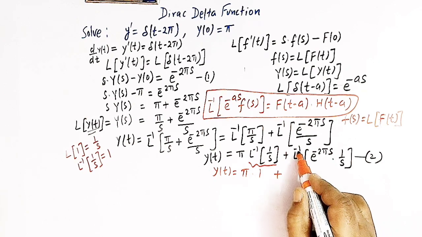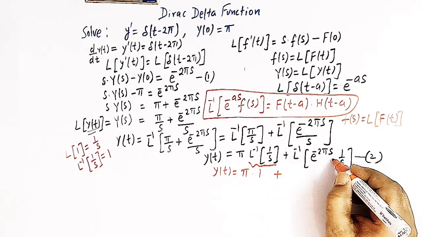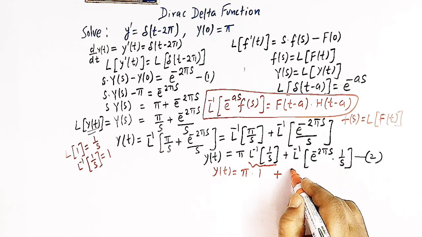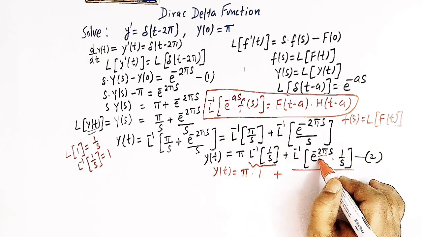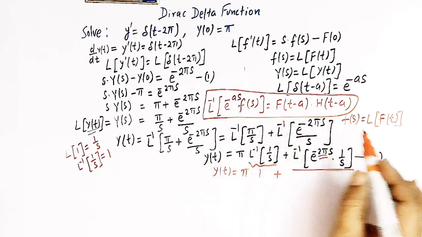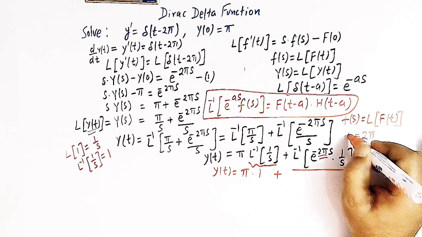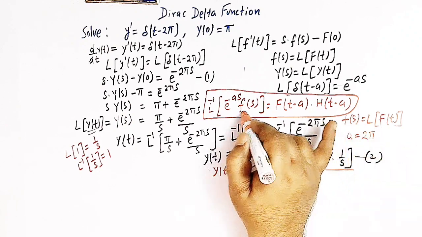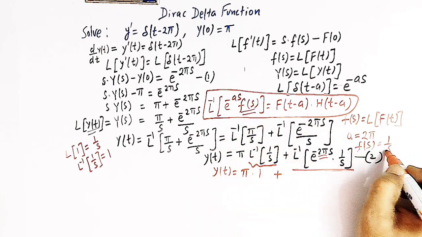So now here we have L inverse of e raised to minus 2 pi s times 1 over s. So comparing this expression with this one, the value of a is 2 pi, right? The value of a is 2 pi, and F of s is given by 1 over s, right?